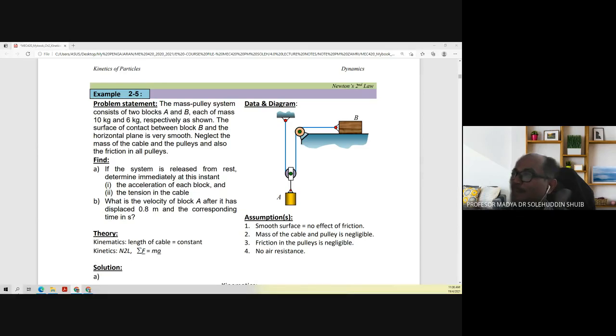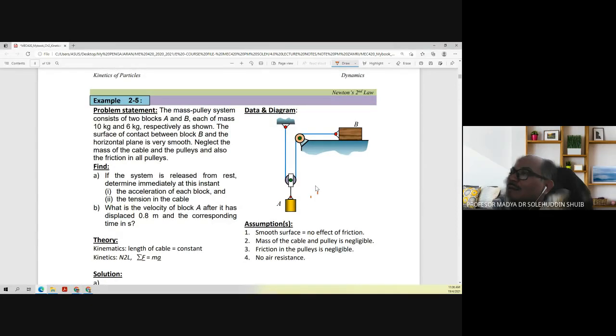A mesh pulley system consists of two blocks, A and B. Block A is 10 kilograms and block B is 6 kilograms. The surface contact of block B is smooth.